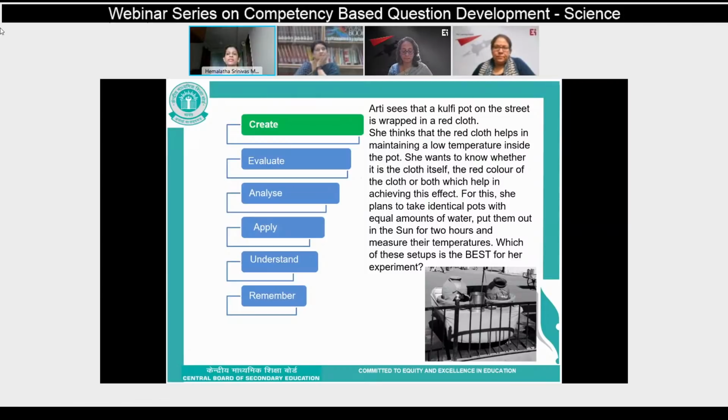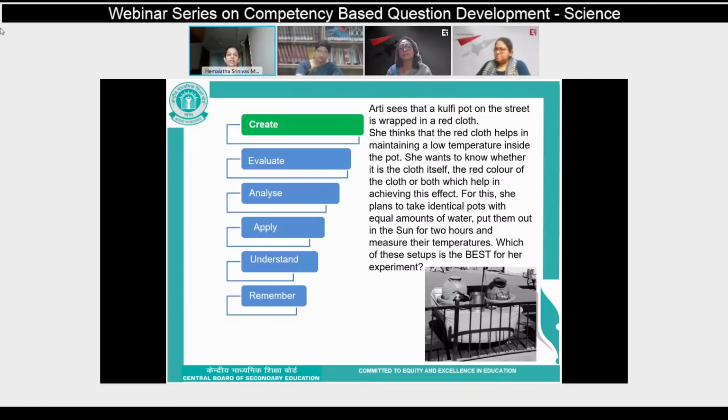She wants to know whether it is the cloth itself, the red color of the cloth, or both, which help in achieving this effect. For this, she plans to take identical pots with equal amounts of water, put them in the sun for 2 hours and measure their temperature. Here the creation level comes in: the child performs the activity, a hands-on experience, that means learning by doing. It is the highest level of learning.